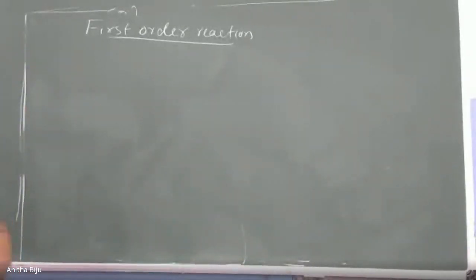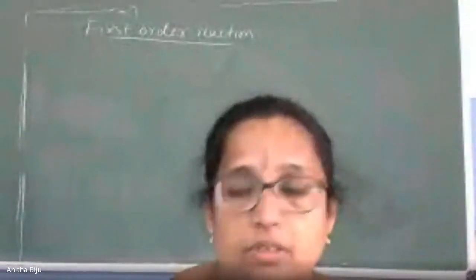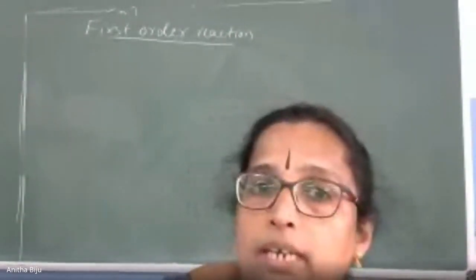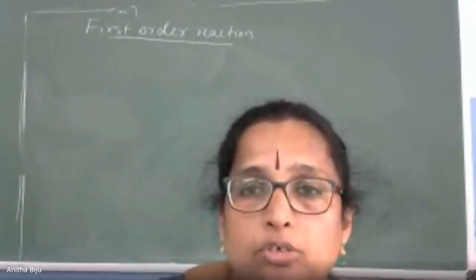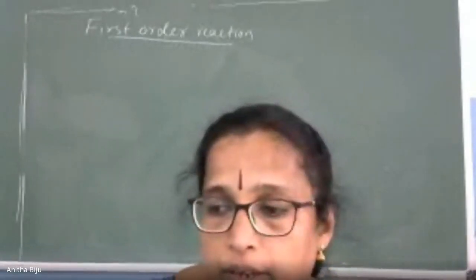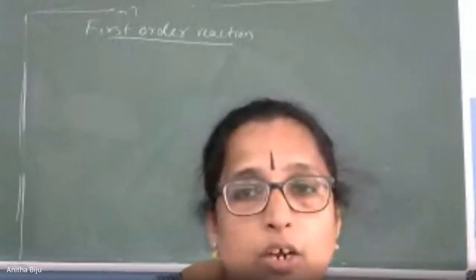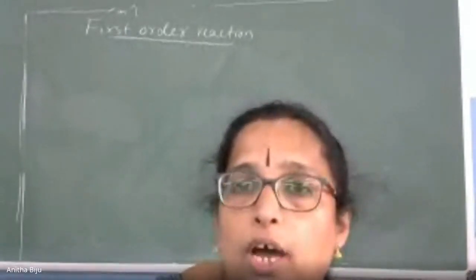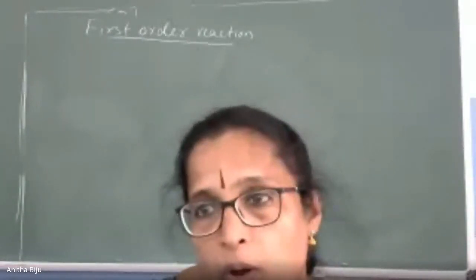We will also try to do the same derivation for first order, because here also the principle is the same. What is the principle? The rate expression: rate is equal to minus dR upon dt is equal to k into R to the power 1. That's all. Anybody can try to do it.